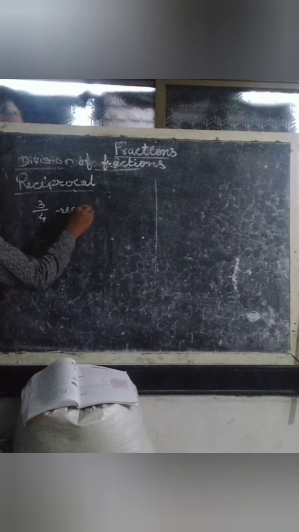of a fraction. What is meant by reciprocal? Suppose here is a fraction 3 upon 4. If the question is to write the reciprocal of 3 upon 4, then the reciprocal of 3 upon 4 is 4 upon 3.